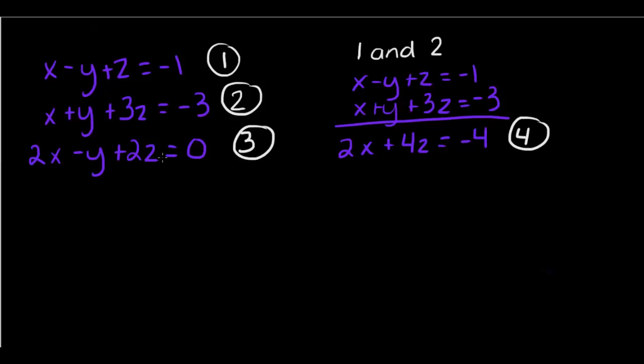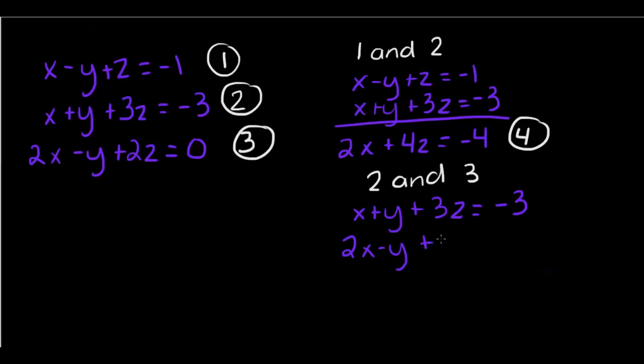Then I'm going to combine two other equations to get rid of y. So one of the equations is going to be used twice. I'm going to combine 2 and 3, because that way I can get rid of y as well. So it is x plus y plus 3z equals -3, and 2x minus y plus 2z equals 0.